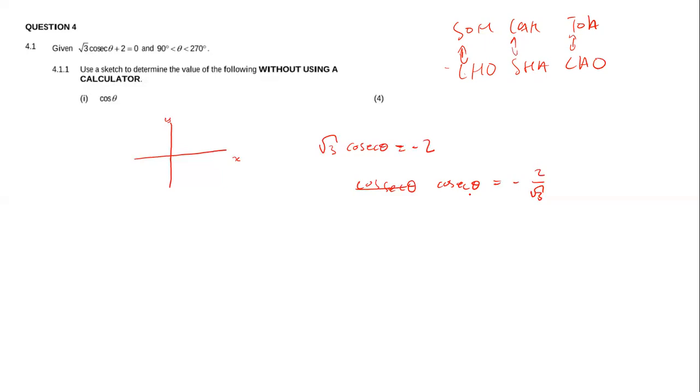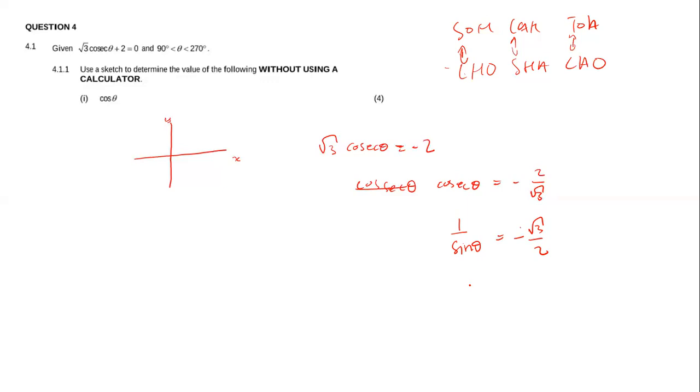What is the cosec? Cosecant is the inverse of sine. So the inverse of sine is 1 over sine theta, which is the same as negative root 3 over 2. We're also going to take the inverse on this side of the equation. But remember, we don't want 1 over sine theta, we want sine theta.